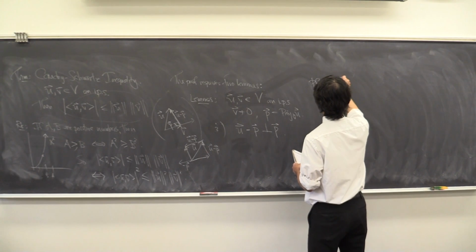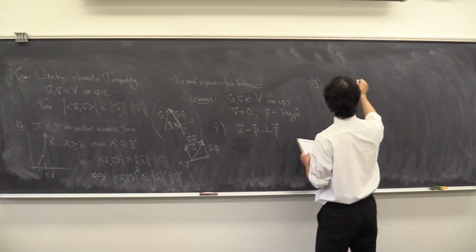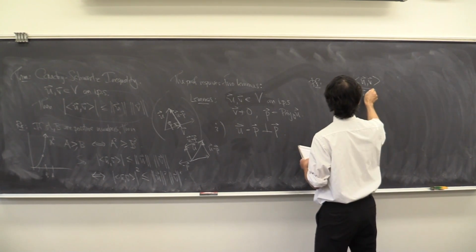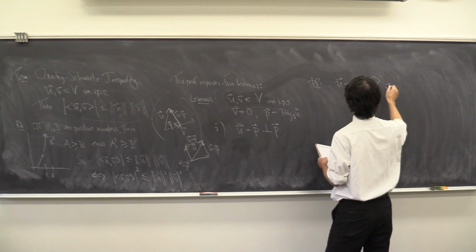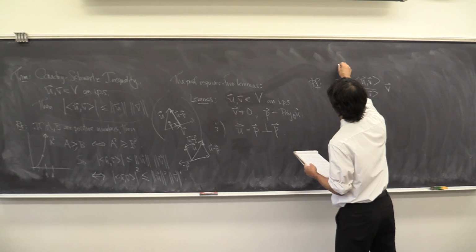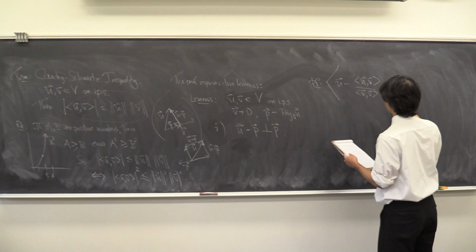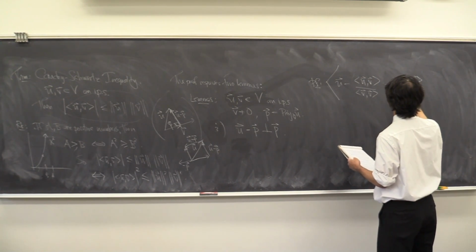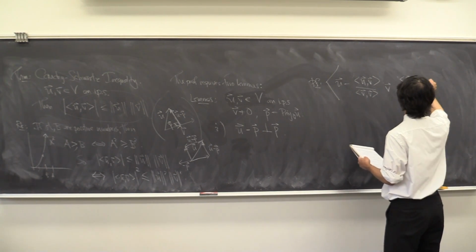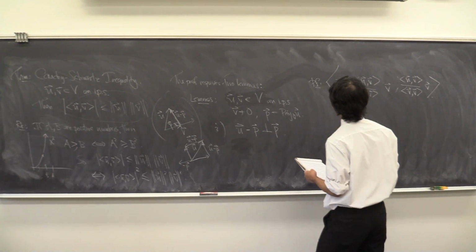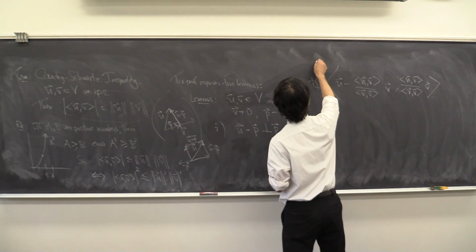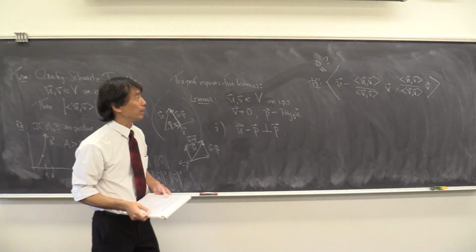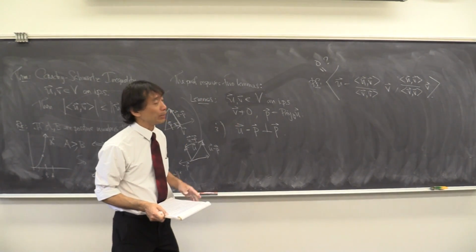So U minus P, remember what P is. P is the inner product of U and V over the inner product of V with V, times V. And we want to take the inner product of U minus P against the projection. You're hoping that this is equal to 0. You want U minus P and P to be perpendicular to each other.